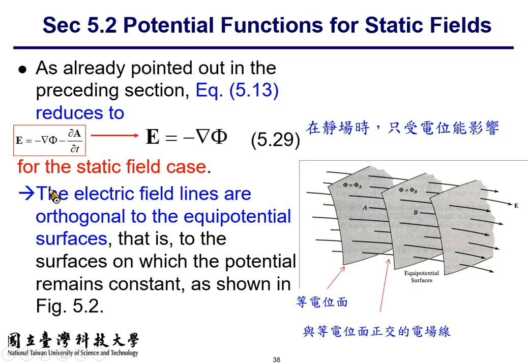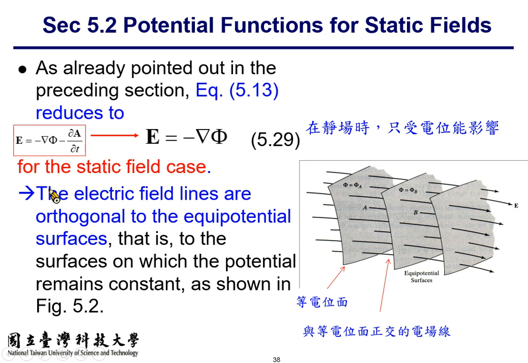And here's an important relationship between phi and E. Note that this relationship is only true under steady field condition. Otherwise, if this is a time variant field, you will have another term over here.